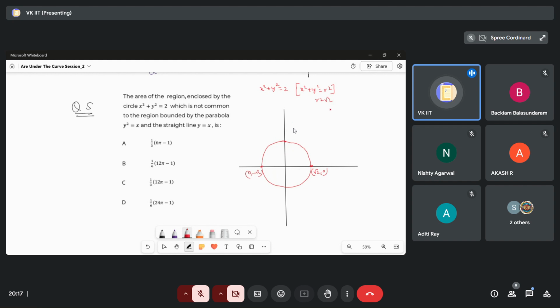And then the parabola is given, y square is equal to x, a parabola like this, and then there's a straight line given, which is y is equal to x. Consider this as passing through the origin.